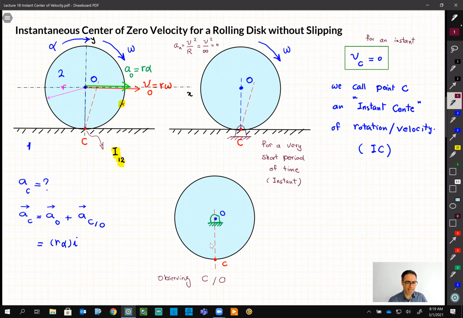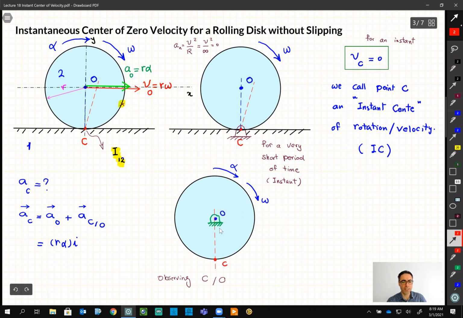So then in that case, what is the acceleration of point C? It is rotating with omega. And also it's rotating with alpha. Can you tell me what its acceleration is? Like point C. Forget about this disk and everything. Just look at this image.